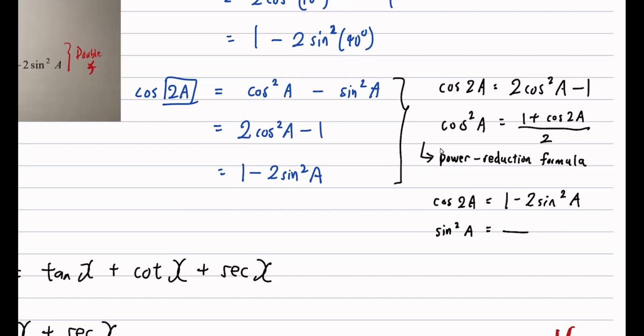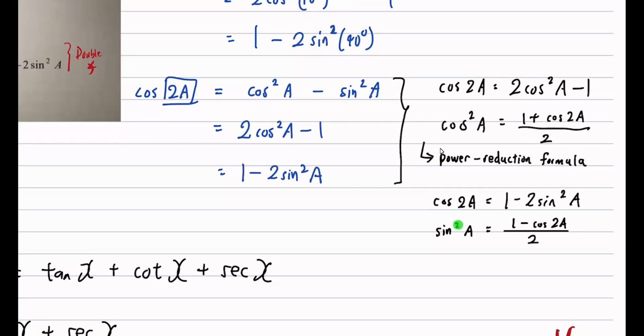You get 1 minus cosine 2A over 2. Exactly. Can you see the pattern? There's a bit of symmetry here. Plus becomes minus. In the future, you'll see this, but basically it's related to what you're learning now. You just make sine square the subject, you make cosine square the subject.